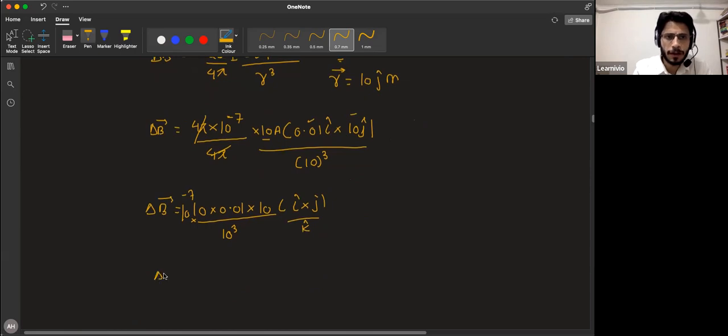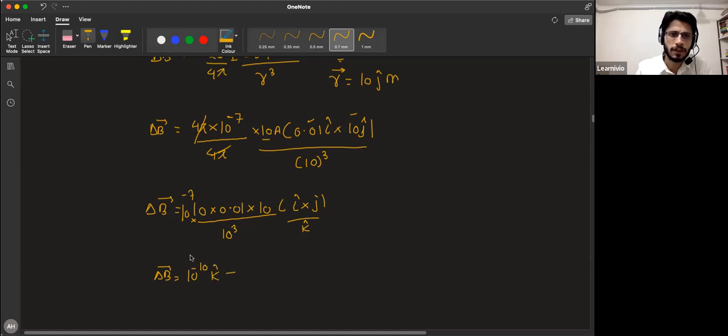So your magnetic field comes out to be 10, 10 will balance this thing, 10 by 7. So this is 10 raised to the power minus 10, right? I cross J is K cap.